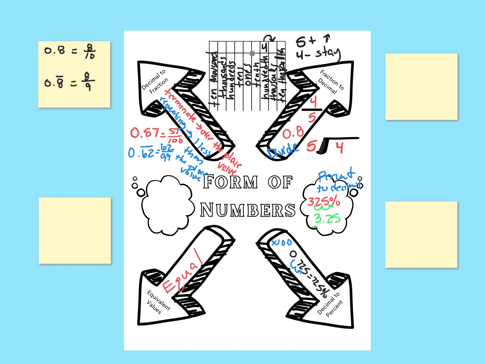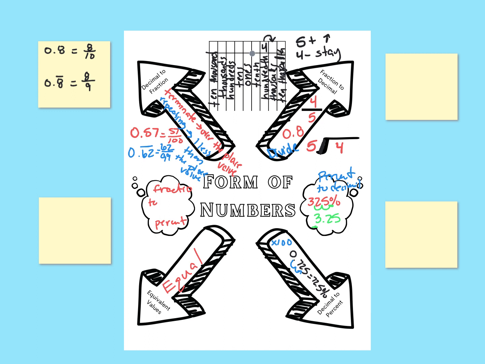And then the only one we haven't done yet is to kind of go all the way from a percent, or actually let's say from a fraction to percent. But what we can do is take it one step at a time.